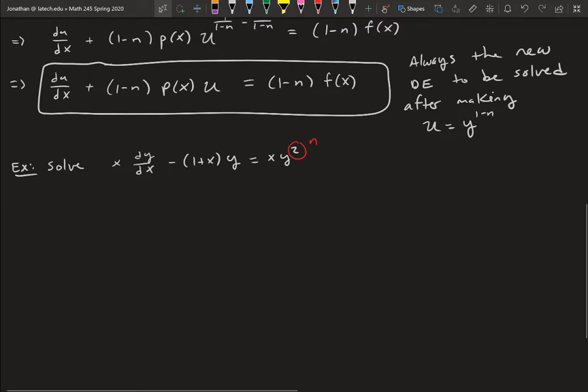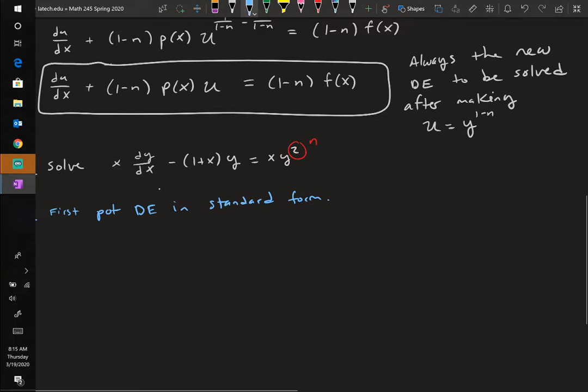However, first thing we have to do is put it in standard form. So first, put the differential equation in standard form. And how do we put a differential equation in standard form? We divide by the leading coefficient.